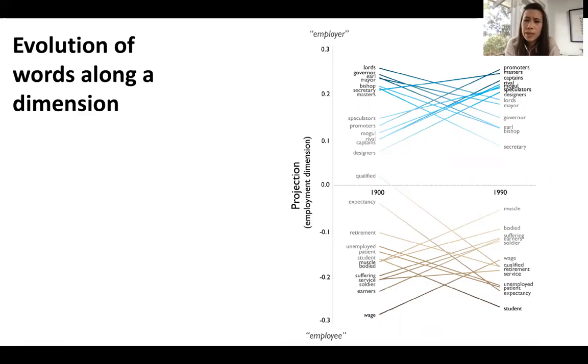There are some odd things going on though, and this perhaps is speaking to why they didn't completely show what's going on under the hood for all these dimensions. You can see there are some peculiar words, like patient and expectancy, that aren't things that you would really expect to be associated with employee types of contexts.